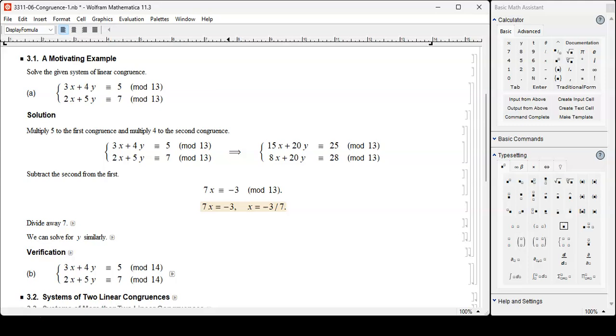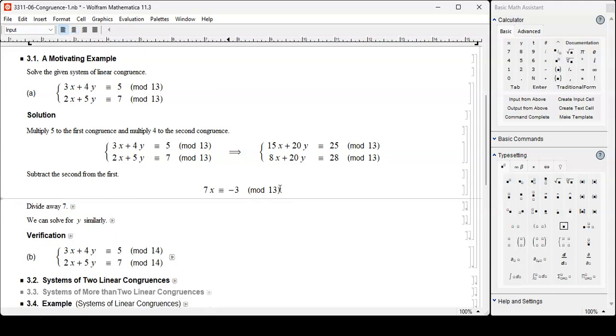But we have a problem here. Unlike the system of linear equations case, we cannot divide freely. Here, I want to divide 7 away, but I cannot divide and create a rational number because this is a mod operation.